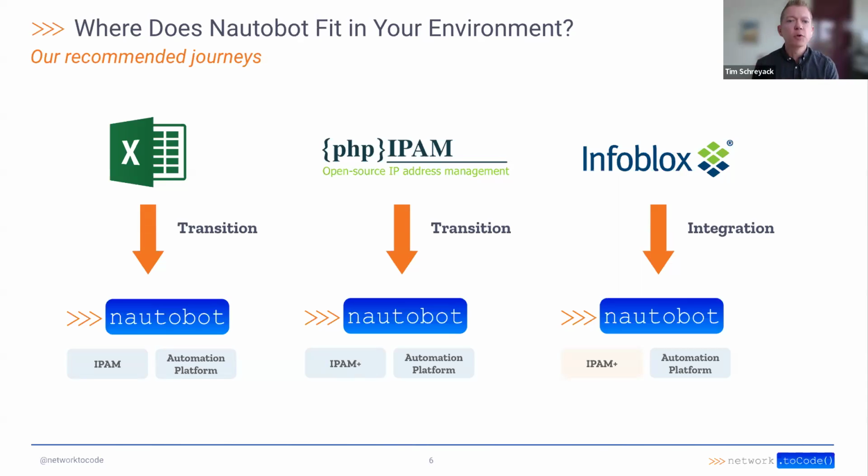You can see a similar story when you look at something like phpIPAM. We are taking the base functionality you already have in a tool like phpIPAM or similar, and enriching that through the use of the source of truth available to you in Nautobot, as well as the automation platform.